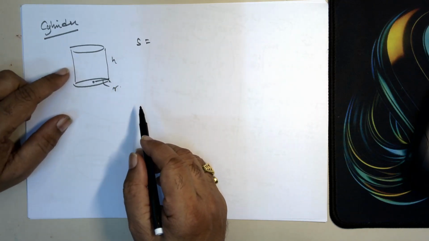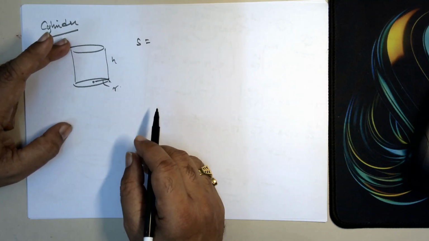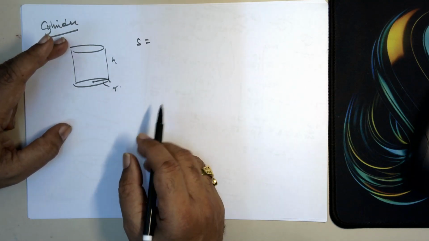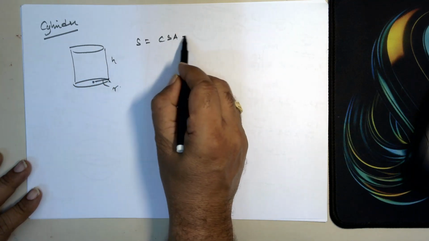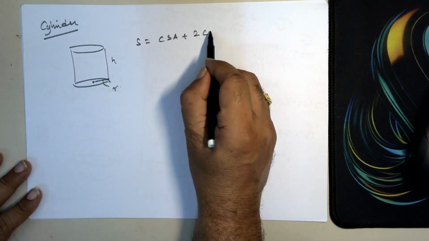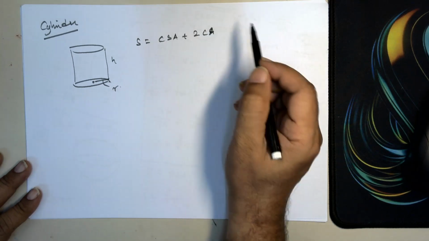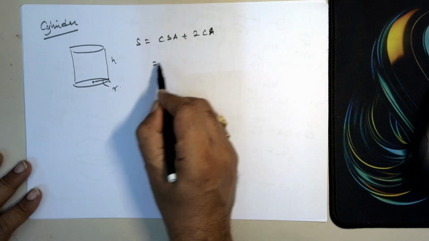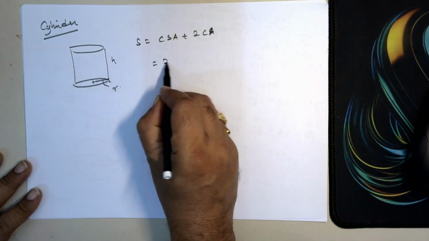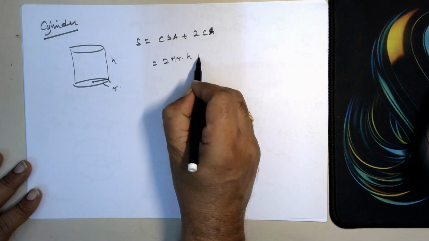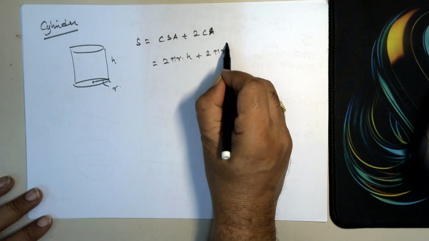Why does it have 2 pi r squared? Because it consists of the curved surface area and two circle areas. The curved surface area is nothing but 2 pi r into h. So 2 pi r h plus the circle area pi r squared, so 2 into pi r squared.